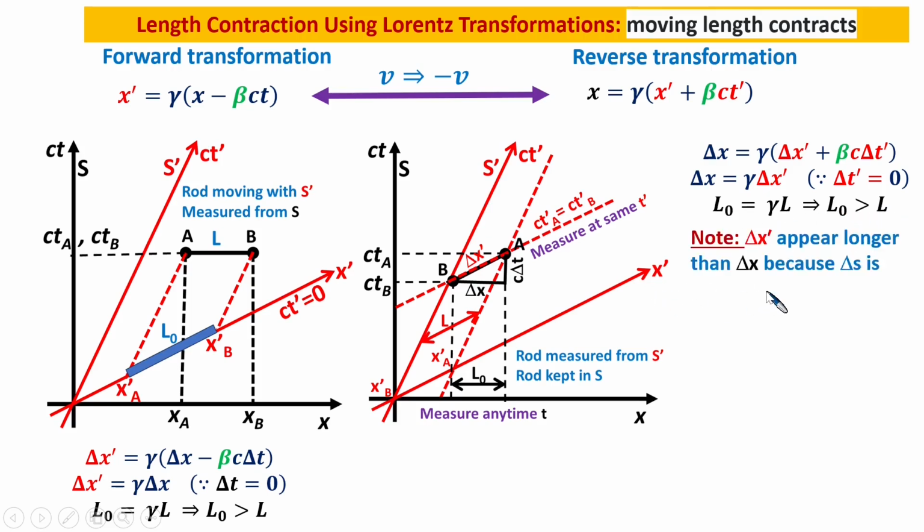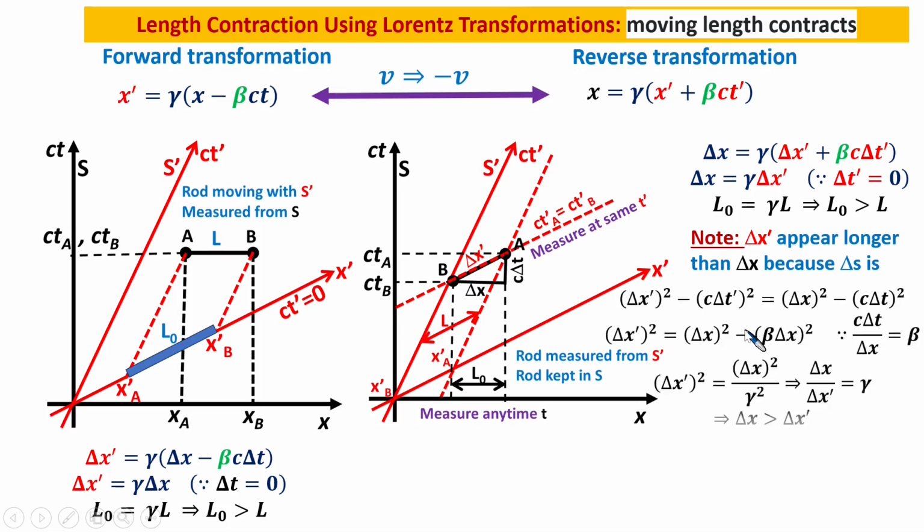But here you observe one thing. Note that this delta x prime appears longer than delta x, but here you are saying that L naught is greater than L. In this type of coordinate system, which we will discuss in detail in further slides, you take the space-time interval as delta x square minus c delta t square. As we saw earlier, this quantity is the same whether in the stationary frame or in the reference frame.